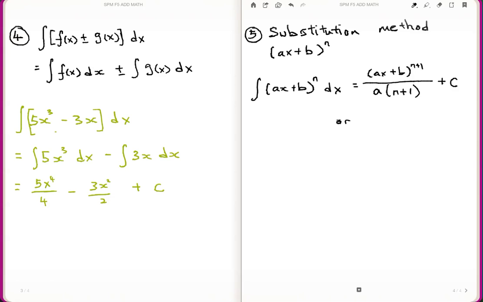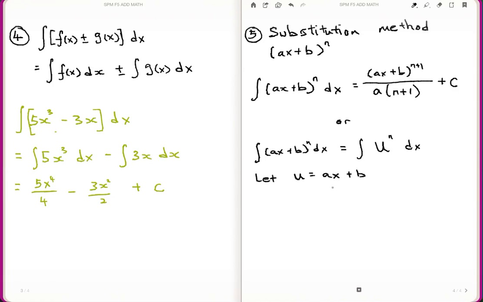Another approach is the substitution method. Integrate (ax+b) dx. Now, here you substitute the whole term as u. So therefore, you will need to let u equal ax plus b.